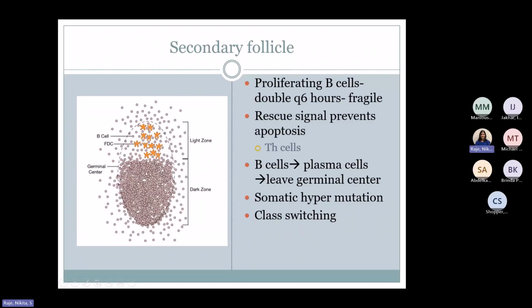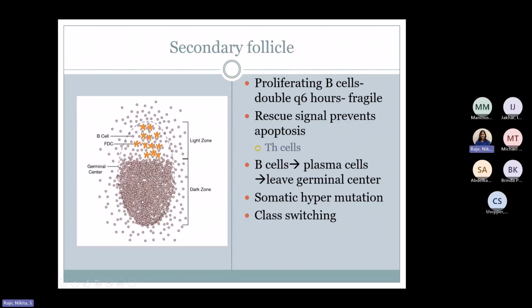So these proliferating B cells will go out to the light zone and get tested against that antigen, and the B cells that pass that test, that have higher affinity antibodies, will survive and the others will die. So over time there is improving affinity of these B cells for the antigen.